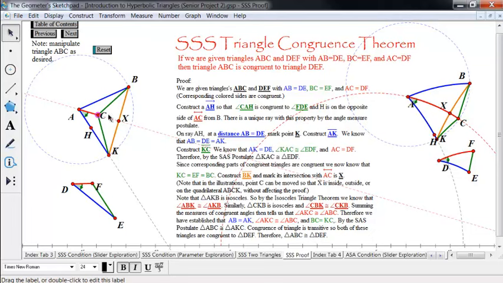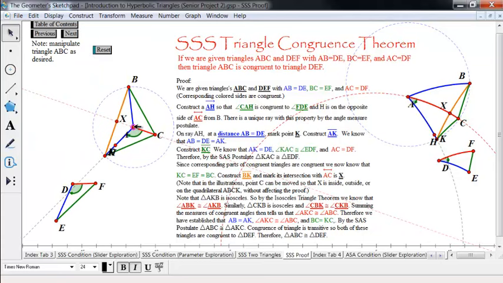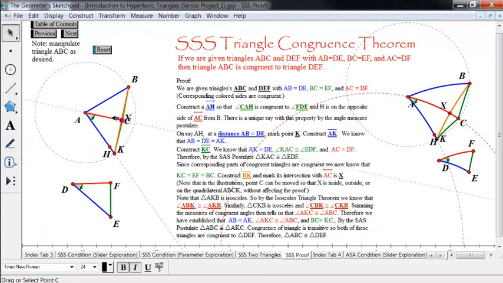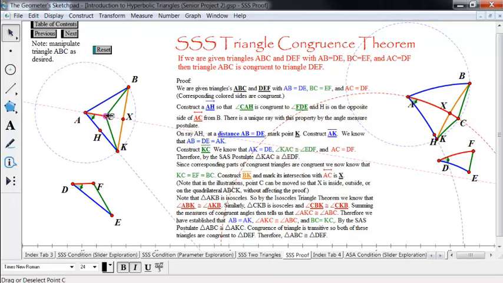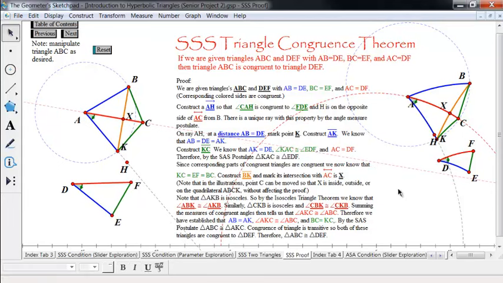But B and K are on opposite sides of the line, so it has to cross the line somewhere. It could be inside the triangle. Could be that A is between X and C, could be that X is between A and C, or it could mean that C is between A and X. It could be any of those situations, but somewhere in there it crosses.